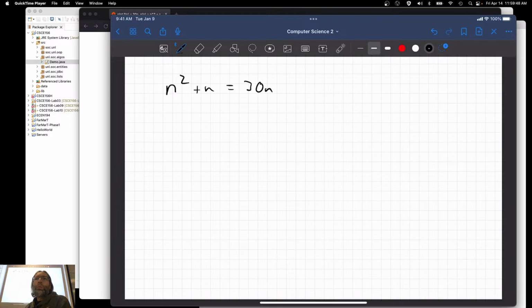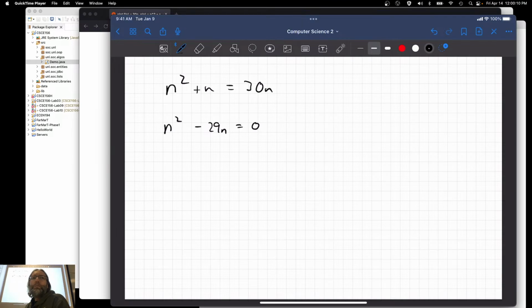Well, what could I do? I could take one to the other side. So n squared minus 29n, because 1 minus 30 is going to be negative 29, and that's now equal to 0.